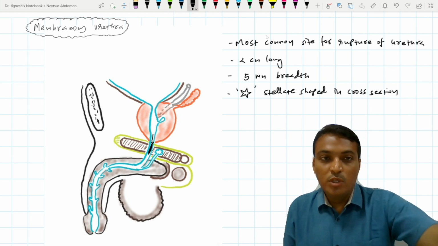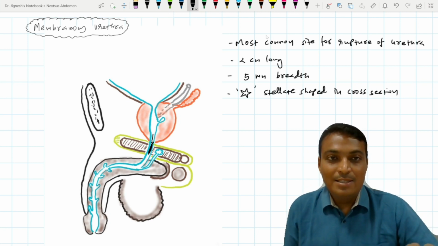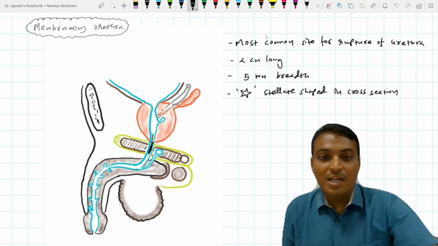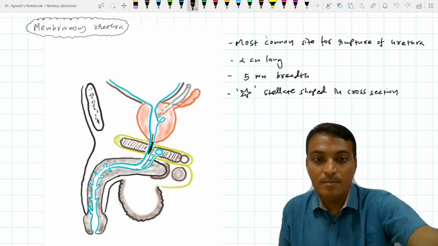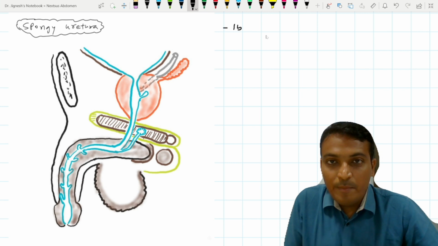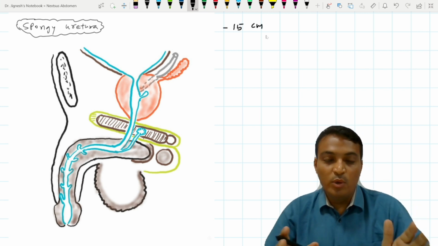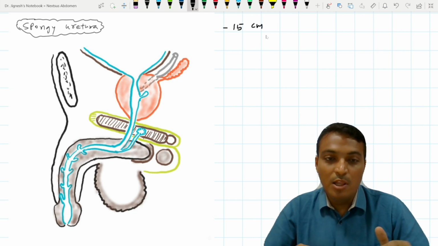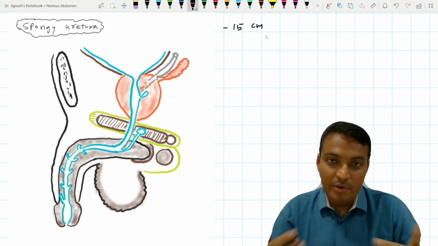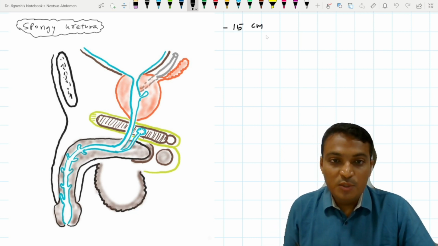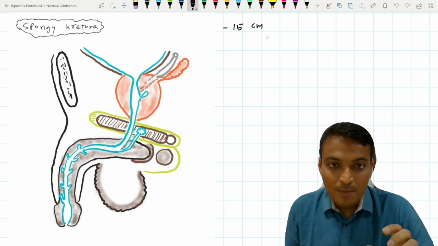Now let's move on to the third part of the urethra, that is the penile part of the urethra or spongy urethra. This spongy urethra is around 15 centimeters in length, and we have seen the shape of the urethral lumen at different levels of the spongy urethra in the previous part of our lecture. The spongy urethra has two dilatations.